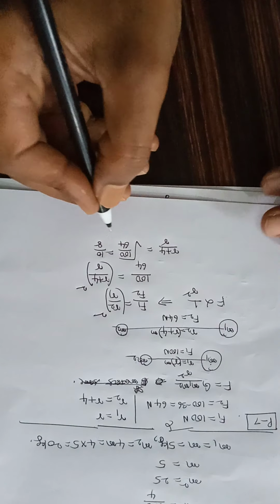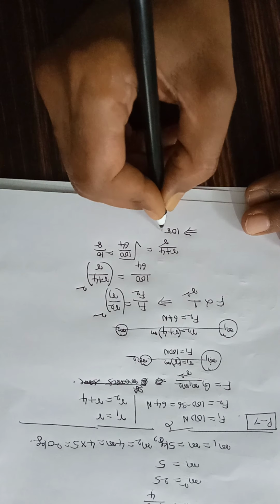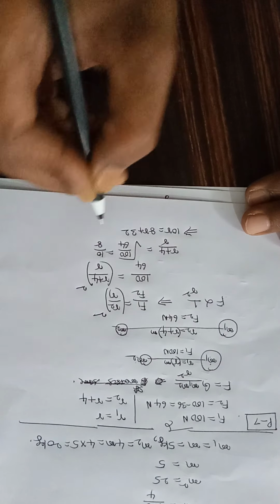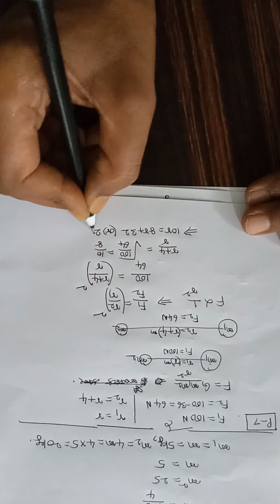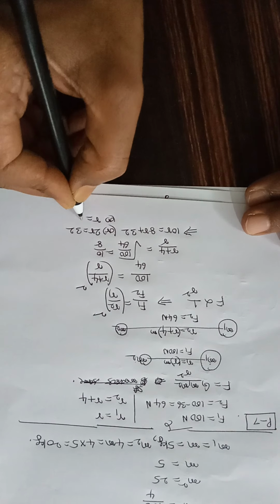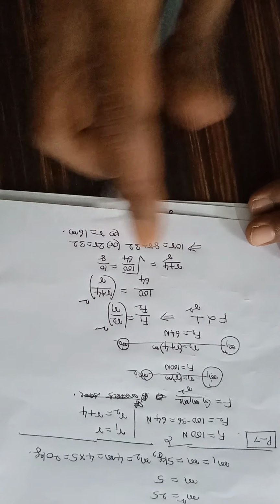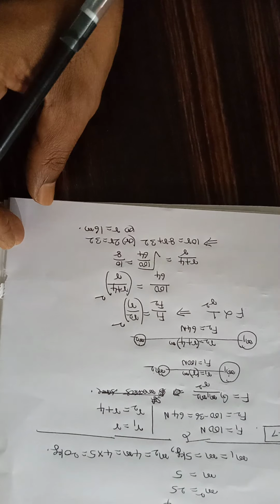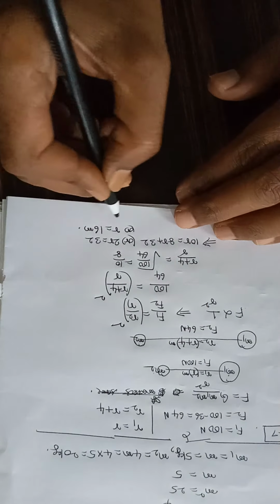So cross multiplying, 10r is equal to 8r plus 8 into 4, 32, or 10r minus 8r, 2r is equal to 32, or r is equal to 16 meters. So what is the original distance between the bodies? The original distance is r, so this is the original distance.